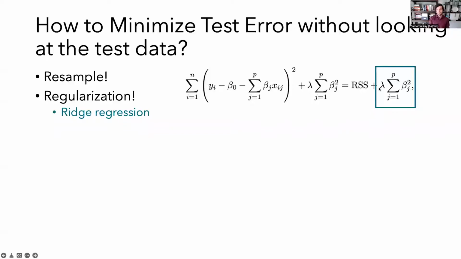This penalty says we are only going to settle on a model which has larger beta coefficients if we also see a corresponding decrease in the residual sums of squares. Don't allow the beta coefficients to increase if we don't see a corresponding decrease in the residual sums of squares. And this lambda determines how much of a penalty we are adding.